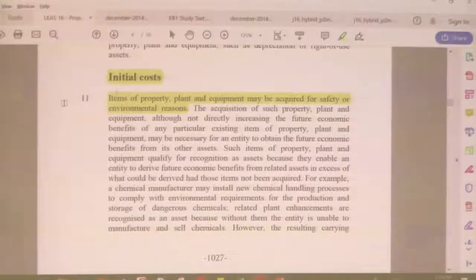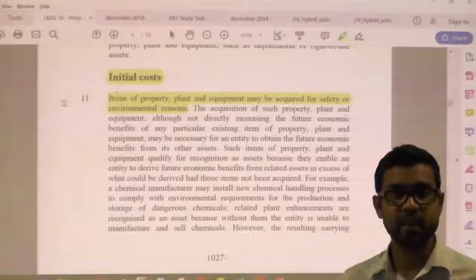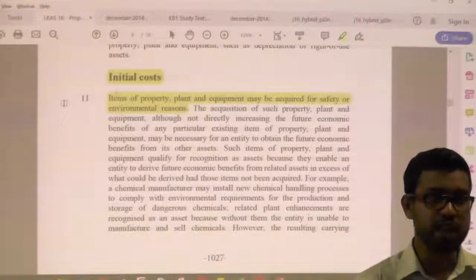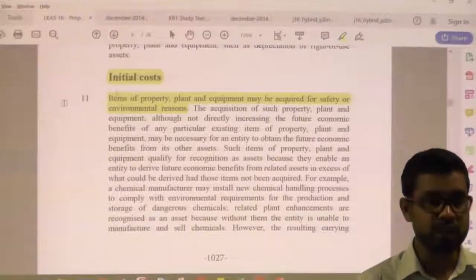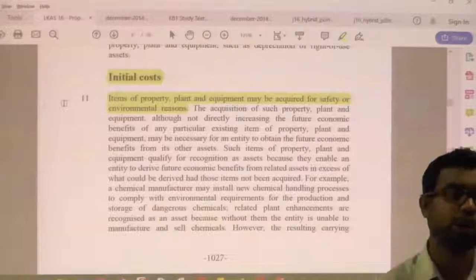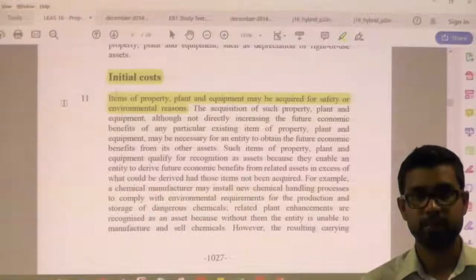Now let's say you need to store some dangerous chemicals; that example is there in the standard. In a secured place, when you incur cost on that, that cost will not directly give you economic benefits flowing to the entity.